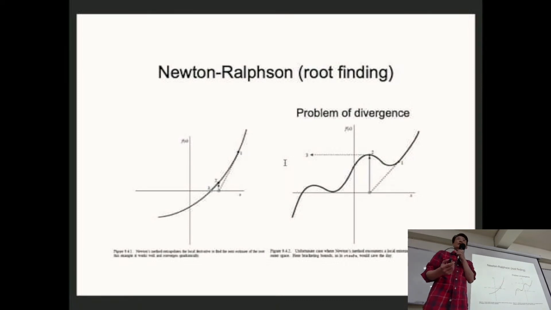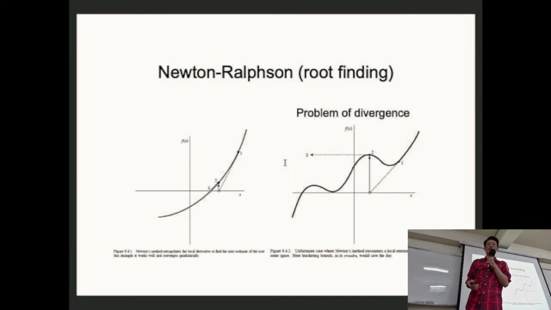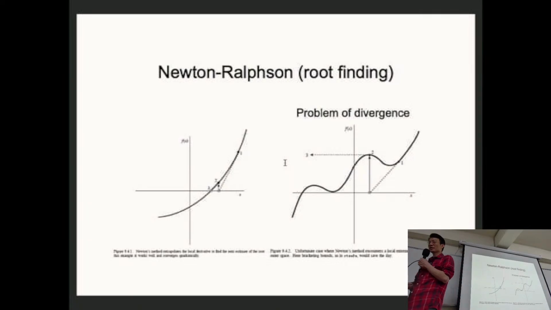The calculation breaks down. You cannot find the root under this kind of condition. So we need a different way to find the root, or at least to find a minimization of some kind of solution.